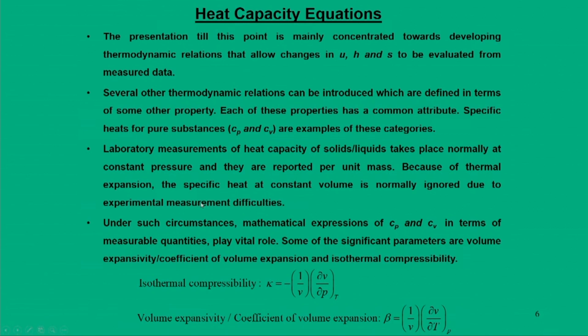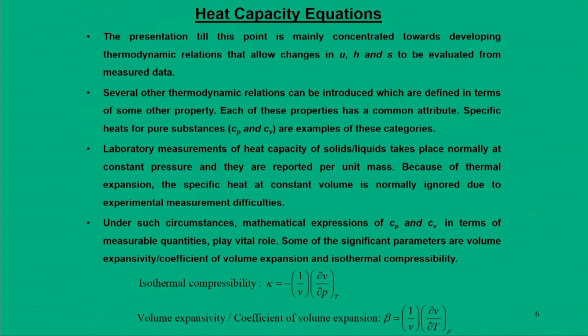So, there are experimental difficulties involved. Because of these reasons, we should also formulate expressions with which we can find the specific heat at constant volume mathematically for pure substances.